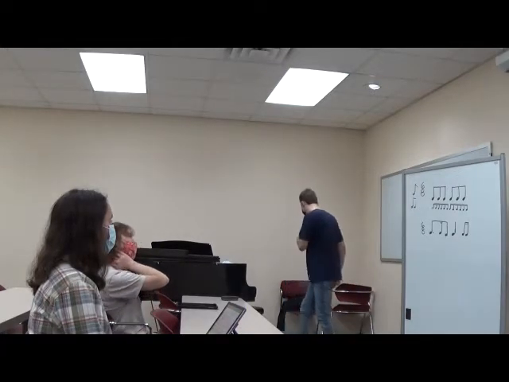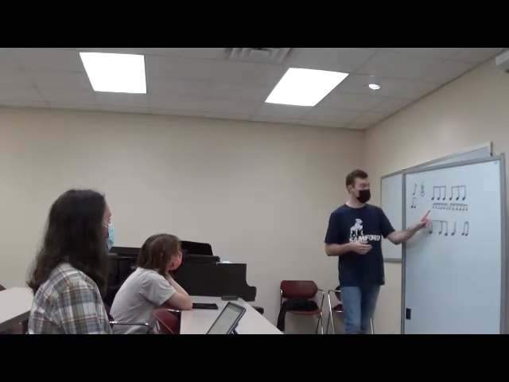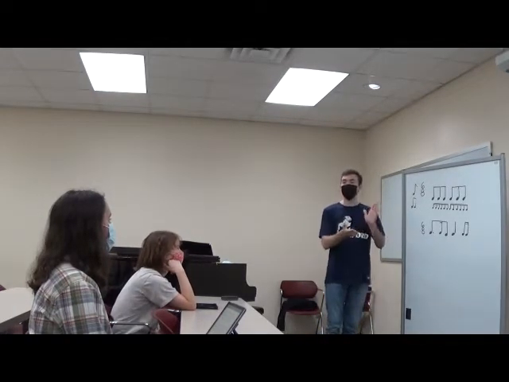The other note value that we'll need for this piece is a 16th note. A 16th note is half the value of an eighth note, so there'll be 2 16ths for an eighth. If you see how this is lined up, we were just doing 1, 2, 3, 4, 5, 6, but this will now be 1 and 2 and 3 and 4 and 5 and 6.